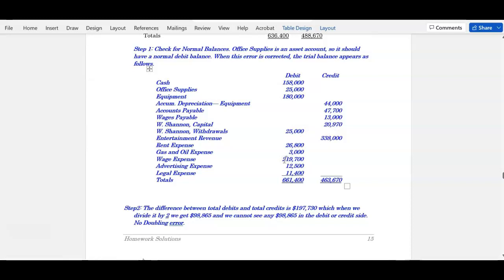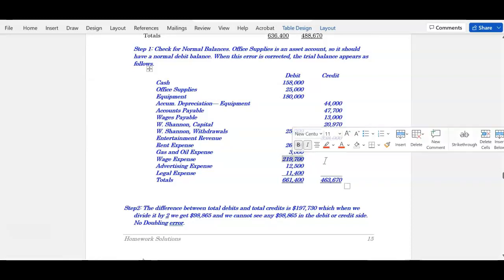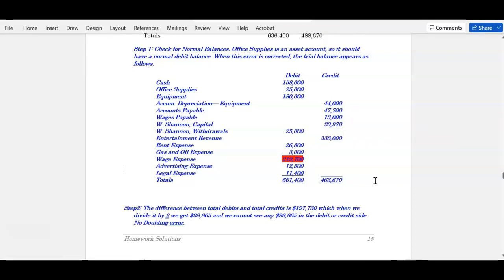Ah, there you go. You see, that number looks like 21,970, but just has one extra zero. Got it? So that's a slide error.